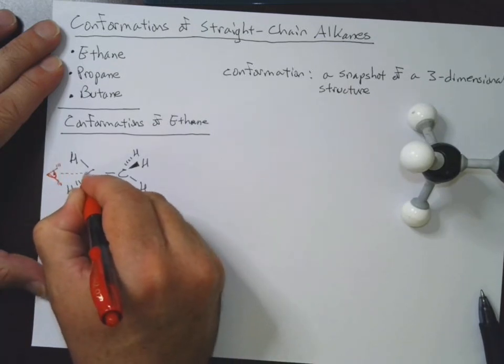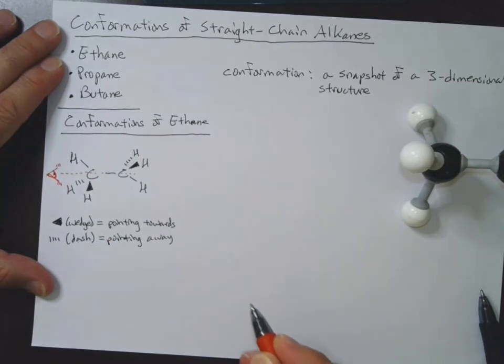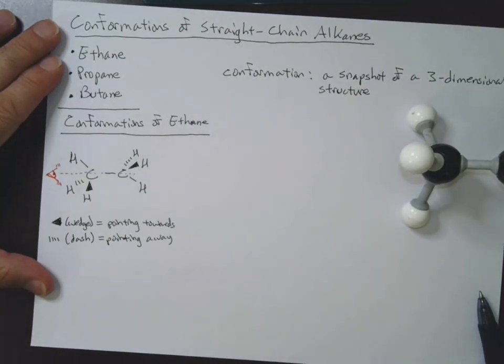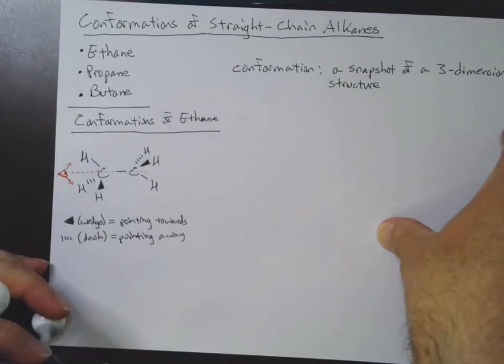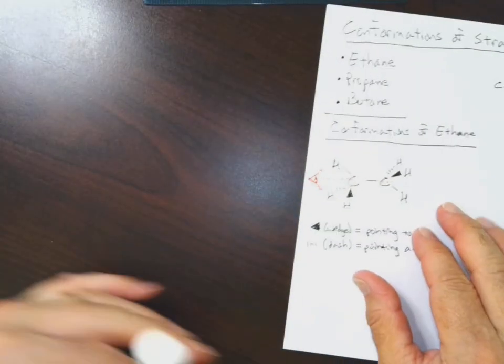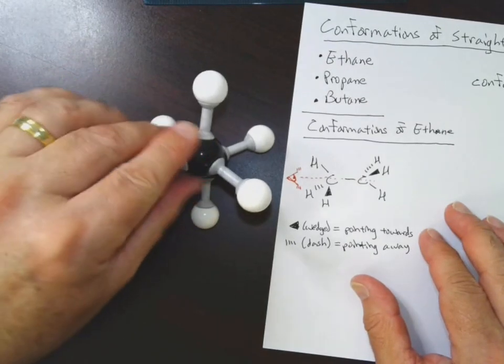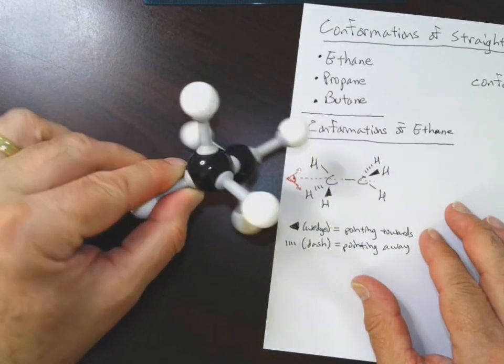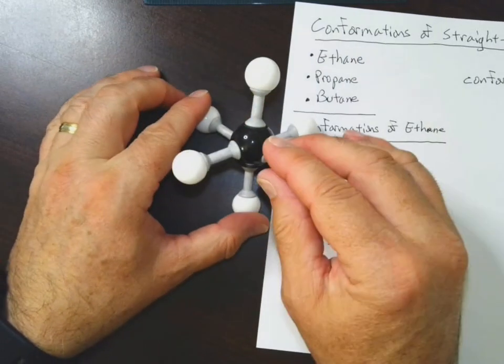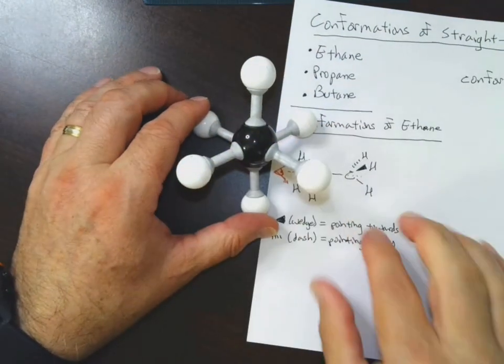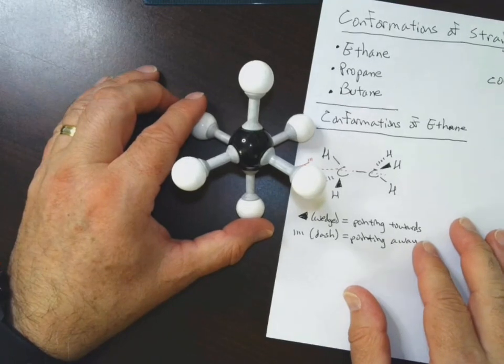And I'm going to sight down this carbon-carbon bond axis. So what is that going to look like? Well, let's take a look here. Let me move this guy out of the way. And so I've taken this, and I'm just looking down that carbon-carbon bond axis, and this is what I'm going to see, looking down there. So that is what I see.